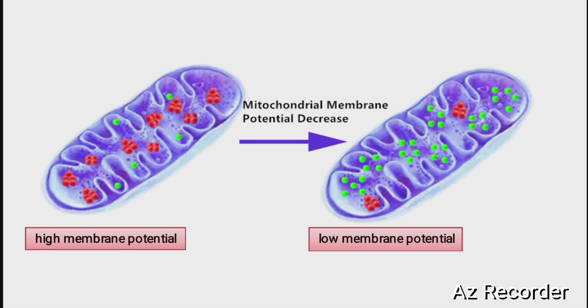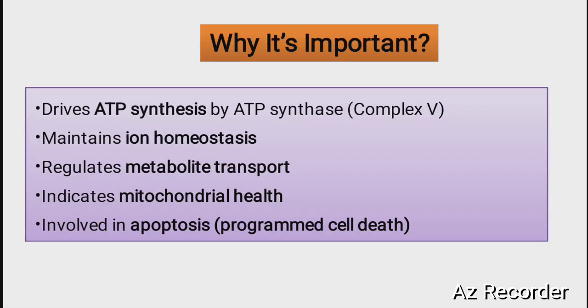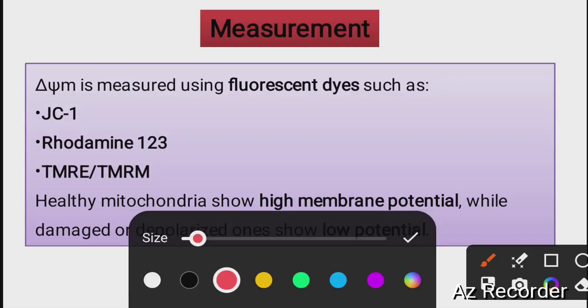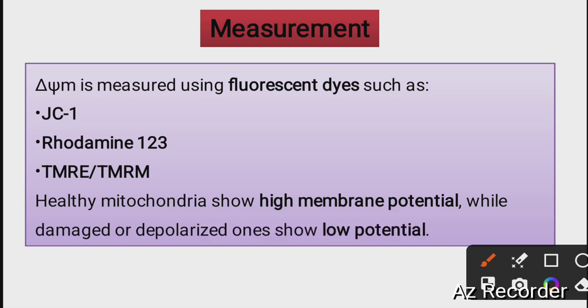These are mainly used to assess the mitochondrial membrane potential by accumulating in healthy polarized mitochondria, and they help in distinguishing between polarized and non-polarized mitochondrial states.